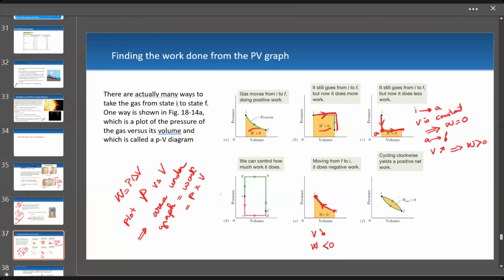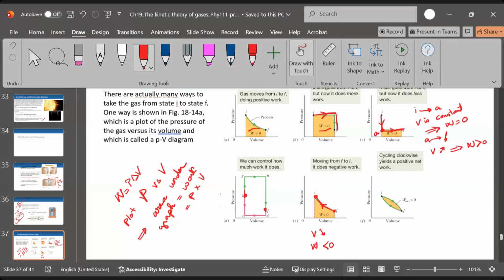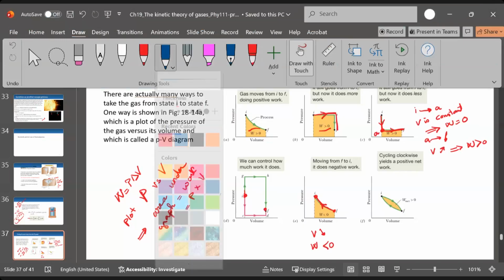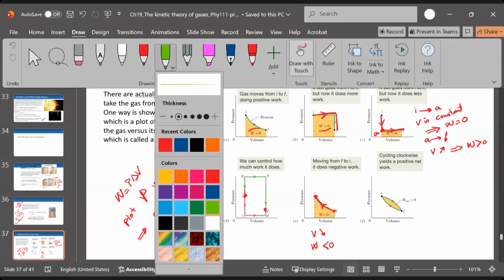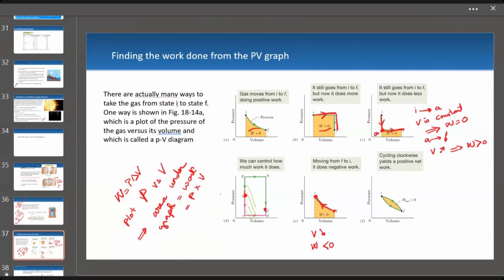I have two more scenarios. Here, I have the same gas at the initial state. One time it goes through the green line, and the other time it goes through the red line. And the work done is different in each case. Basically, if you check the area under the green curve, it's going to be much bigger than the area under the pink one. So the area here is the work done for the green process.